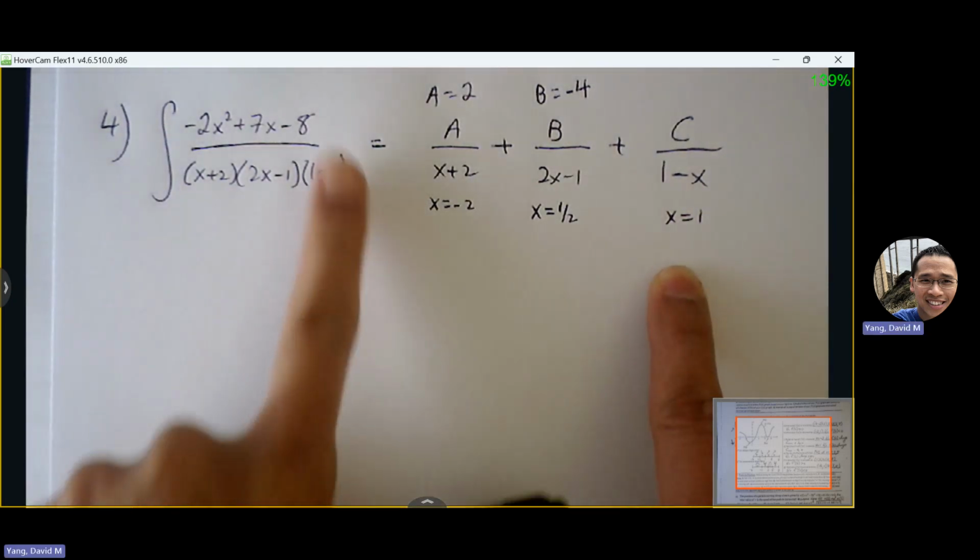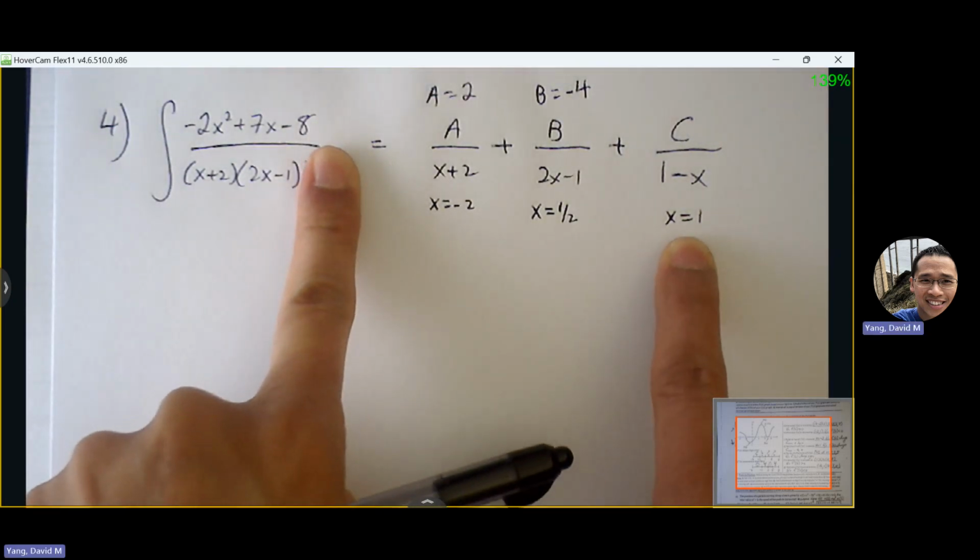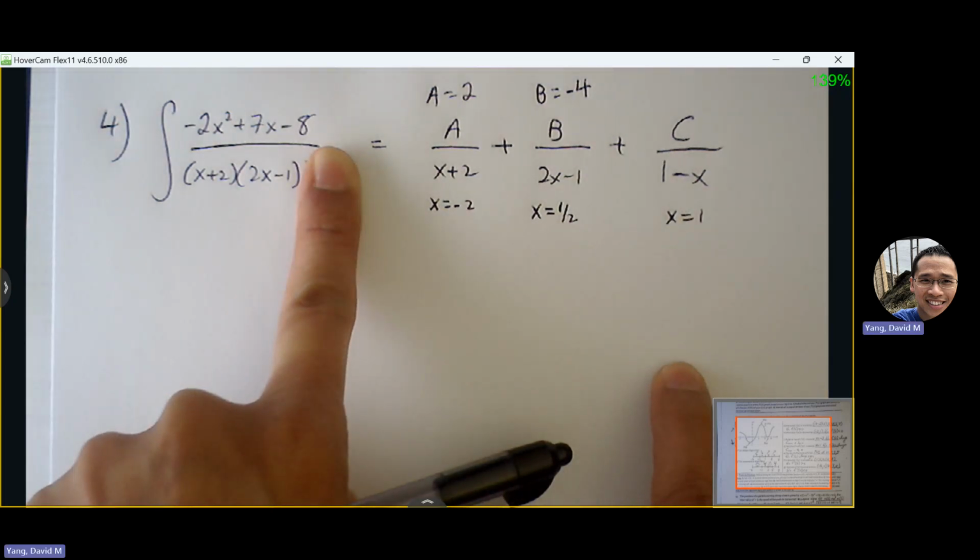And lastly, for the 1 minus x, cover up the 1 minus x and replace every x with 1. I get -3 over 3, which is -1.